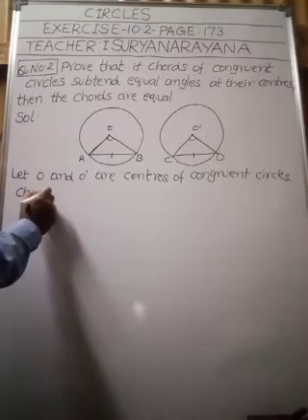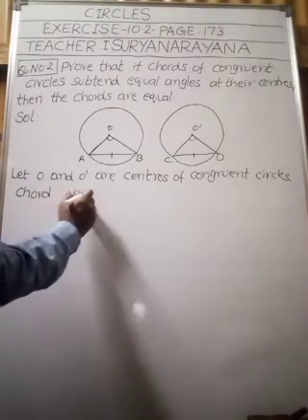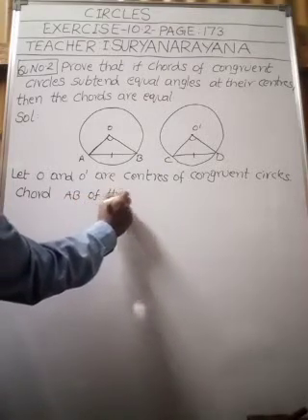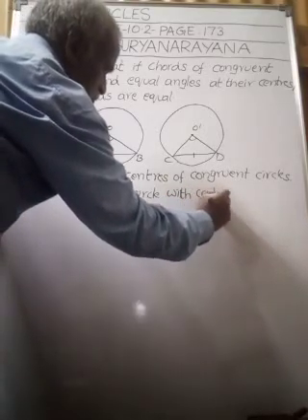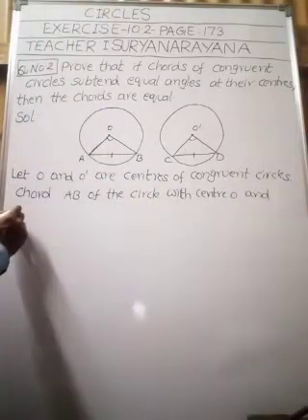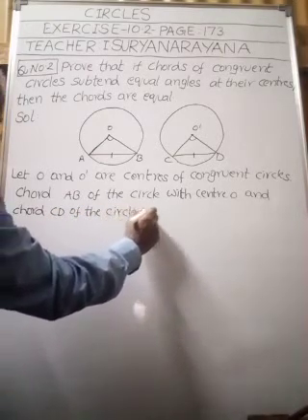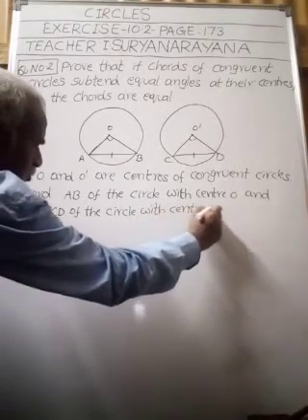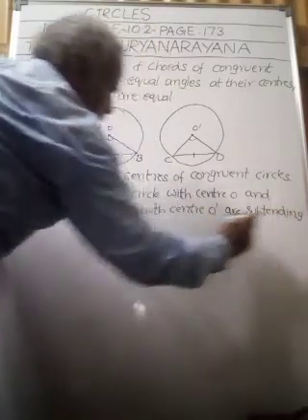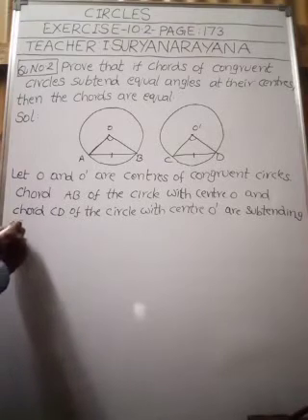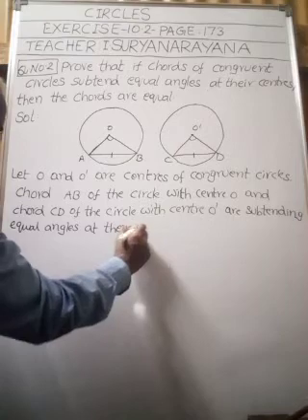Chord AB of the circle with the center O and chord CD of the circle with the center O dash are subtending equal angles at their centers.